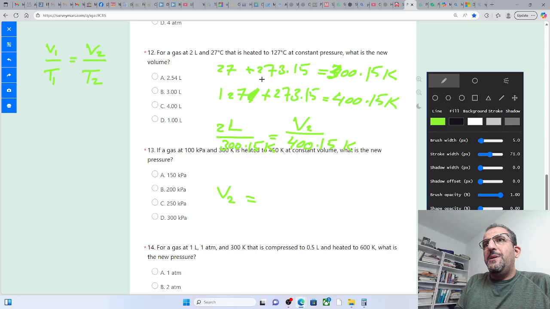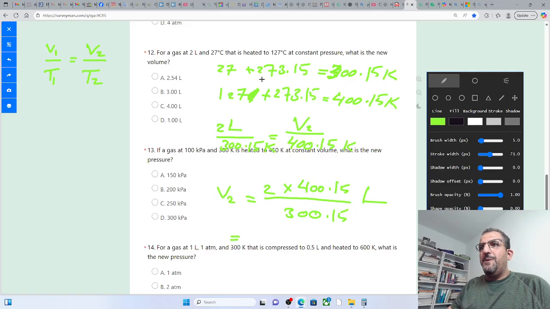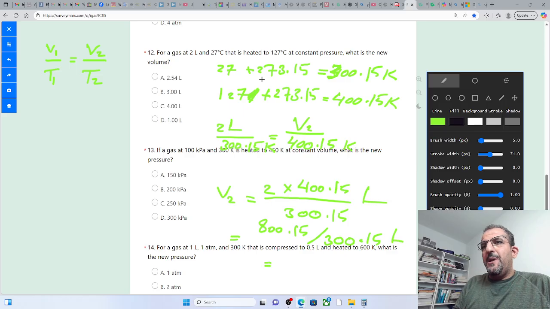So V2 is equal to 2 times 400.15 divided by 300.15 liters. So that's equal to 800.15 divided by 300.15 liters. So let's divide them and see what we will get.